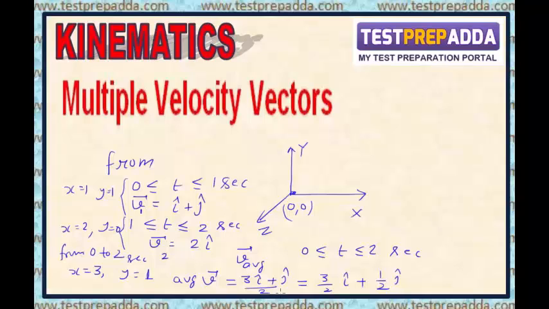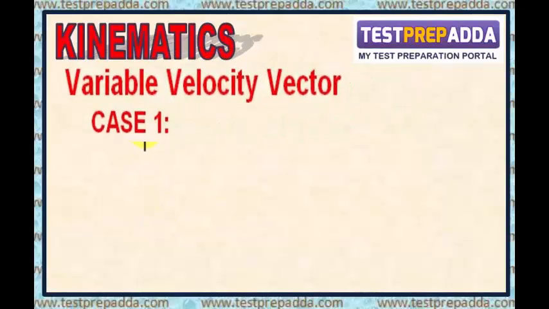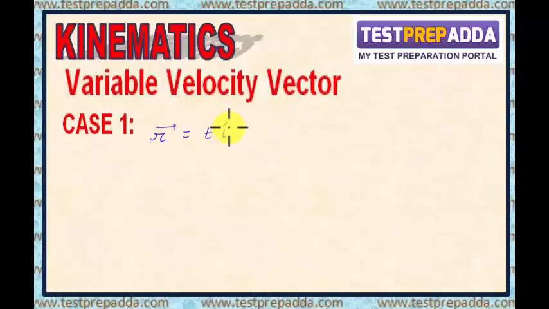Now I'll talk about the variable velocity vector. Here suppose the position vector of an object is defined as r is equal to t i cap plus t square j cap. So the path I can write: x is equal to t and y is equal to t square. The x coordinate as a function of time, y coordinate as a function of time.